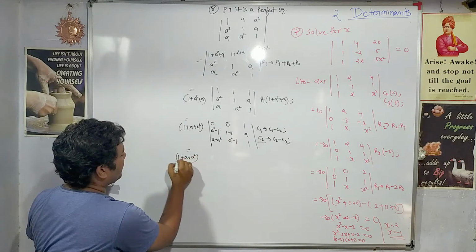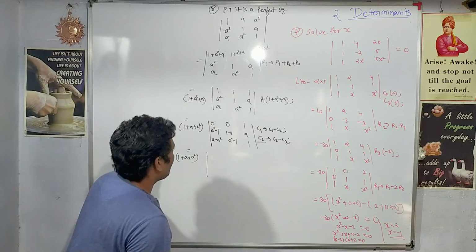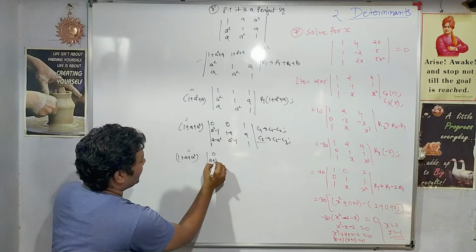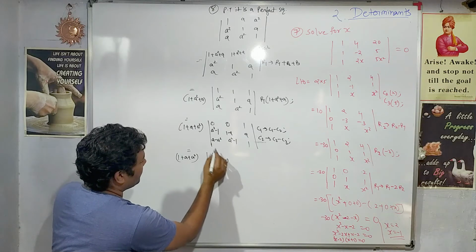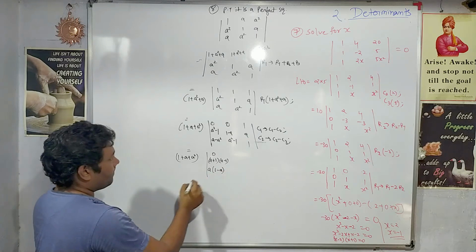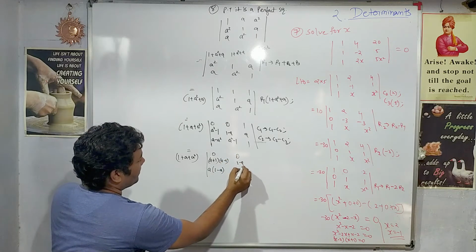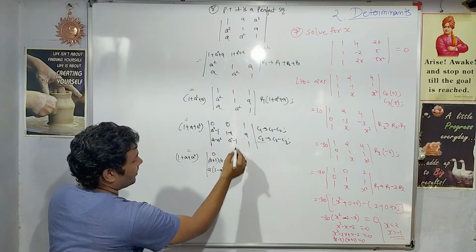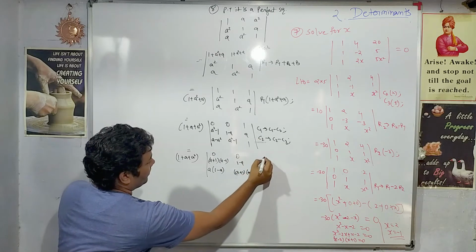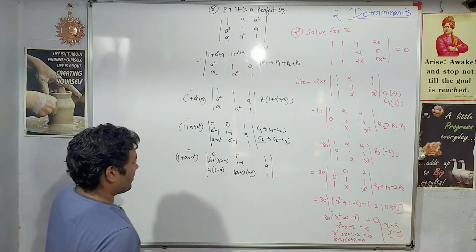Again certain things will get common. This one can be written as a plus 1 into a minus 1, and this can be written with a common factor: 1 minus a, 0, 1 minus a, and a plus 1 into a minus 1. The third column remains as it is.